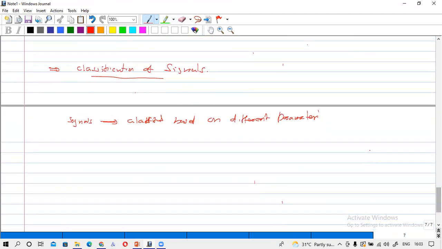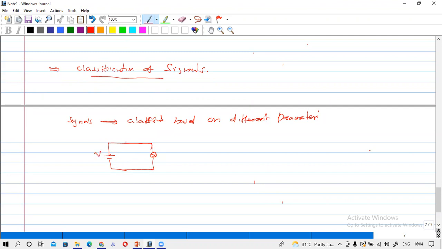First I will take an example: a battery connected across a bulb.